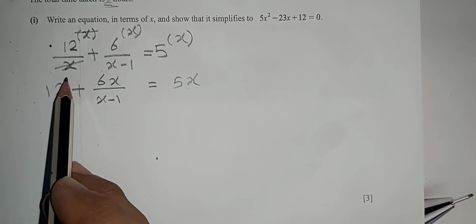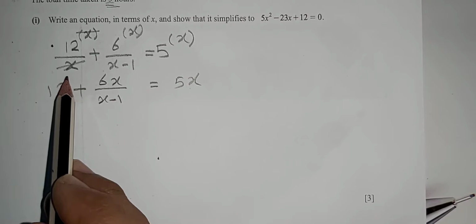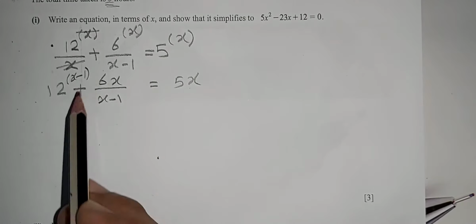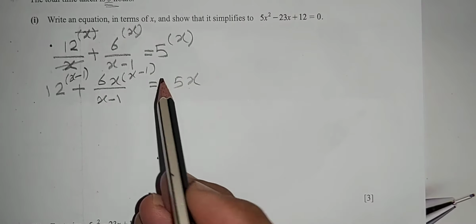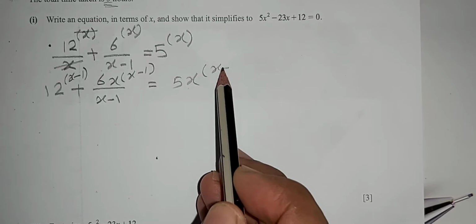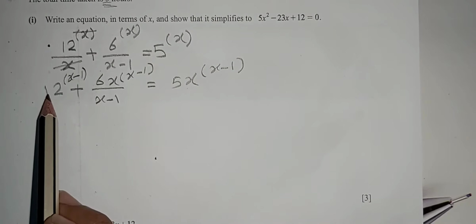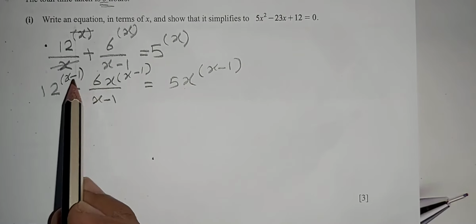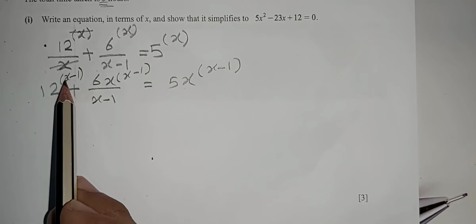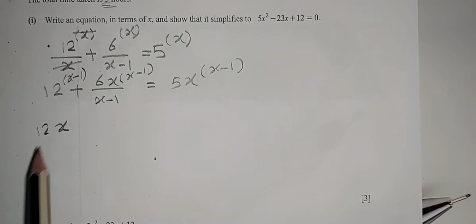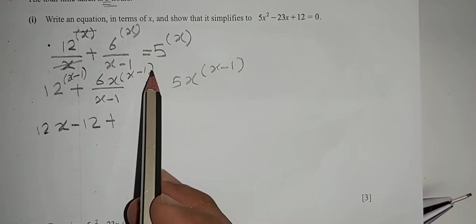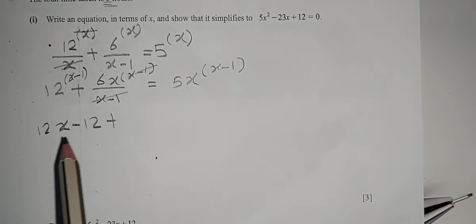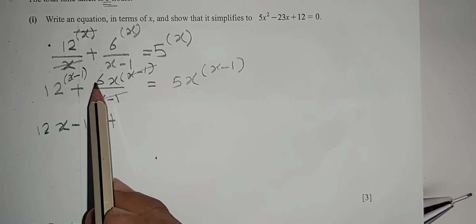So we multiply this 12 by x minus 1, and this term also by x minus 1, and 5x multiplied by x minus 1. 12 times x minus 1: multiply 12 by x then by minus 1. 12 times x is 12x, 12 times minus 1 is minus 12, plus we cancel out this x minus 1 with this x minus 1 in the denominator. The remaining is 6x.